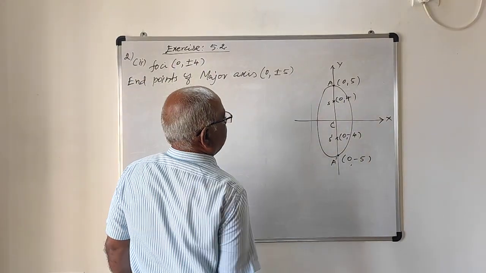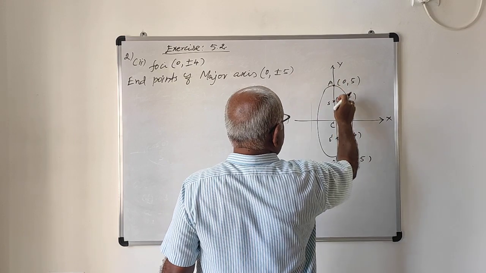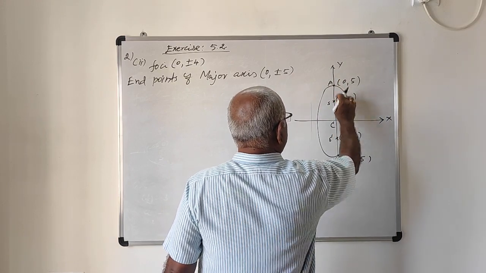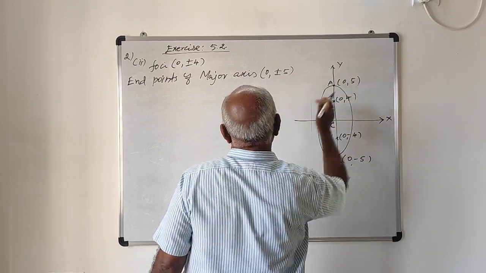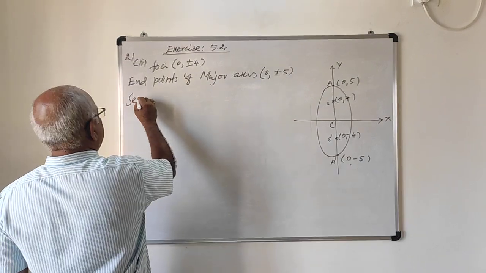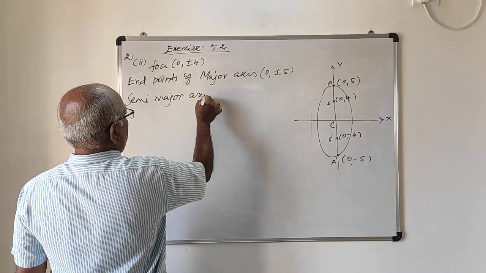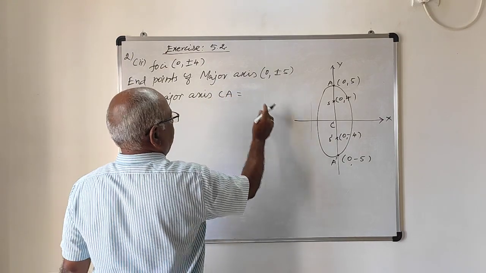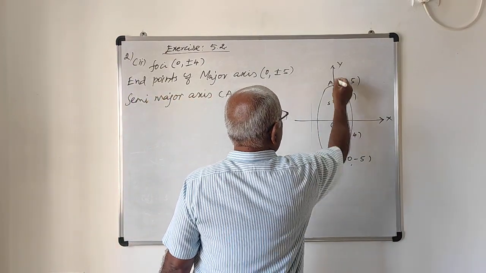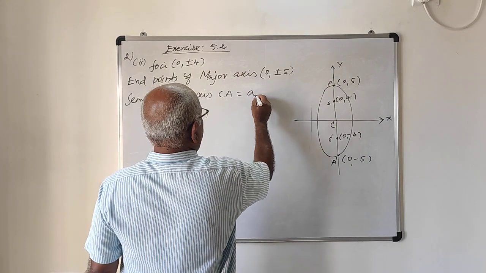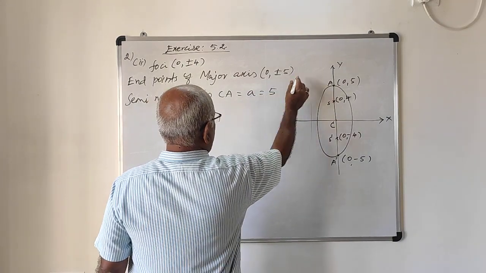This data is given. So the length of the semi-major axis, distance CA, is 5. That is, the semi-major axis CA is 5.